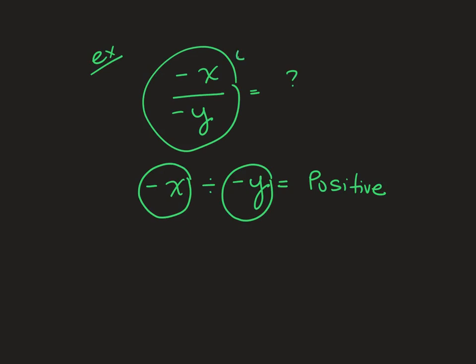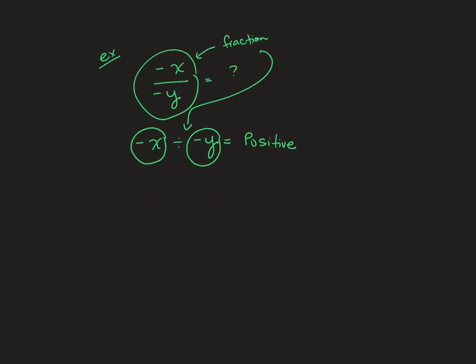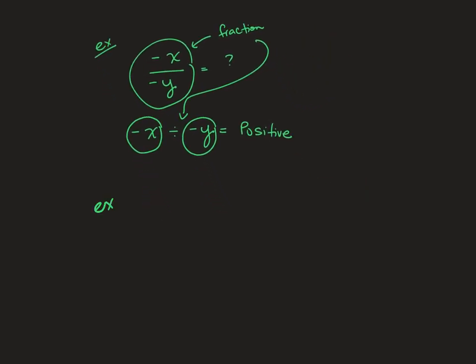Okay? So that's one problem that I wanted to talk about. And do recall that even though it's written like a fraction, fractions are also potential division problems. So it can definitely be written like this. Okay? Here, let me give you another problem. You can try solving this example. What's negative a divided by positive b?